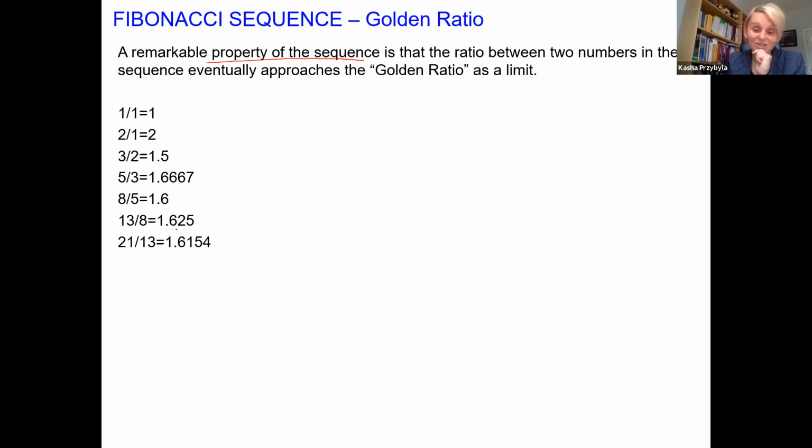You can keep taking the ratio, and it will never be different from about 1.61. Okay, and this number 1.61 we call the golden ratio. That means the Fibonacci sequence creates a golden ratio.